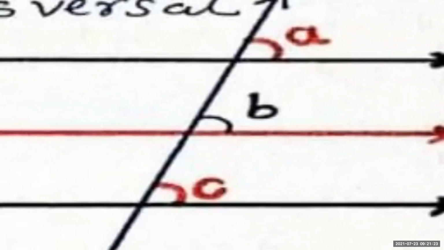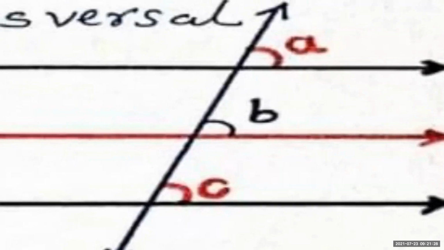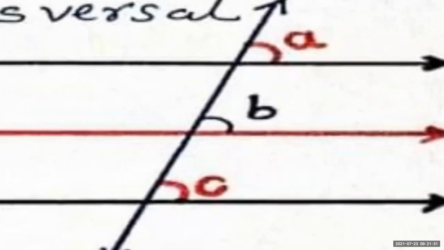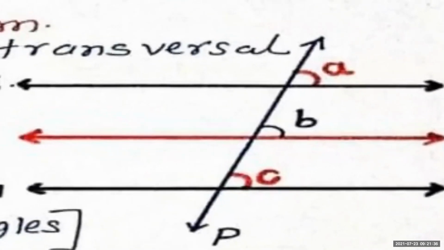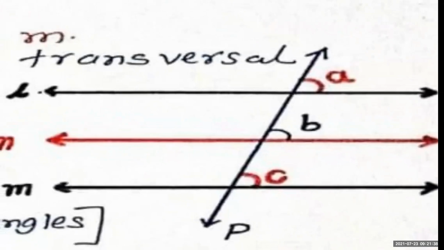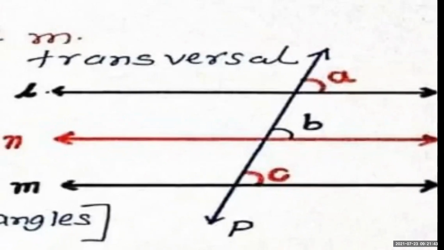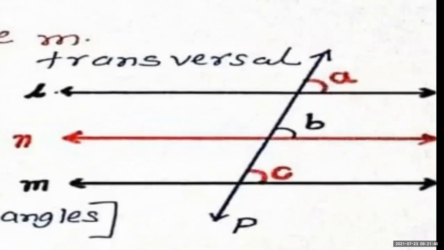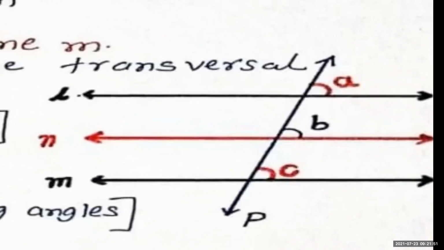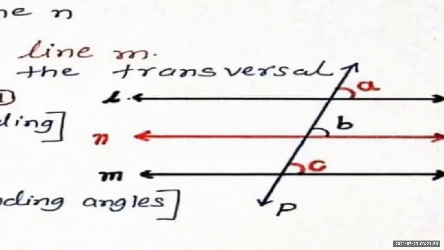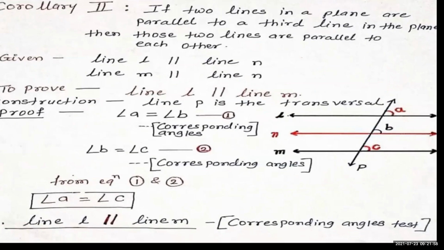And if the corresponding angles are congruent, the respective lines, so respective lines means, see, for angle A which line is there, line L, and for angle C which line is there, line M. Okay, so these 2 lines, line L and line M, will be parallel. So here line L and line M are parallel to each other.